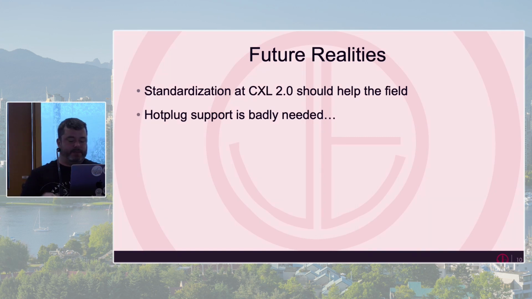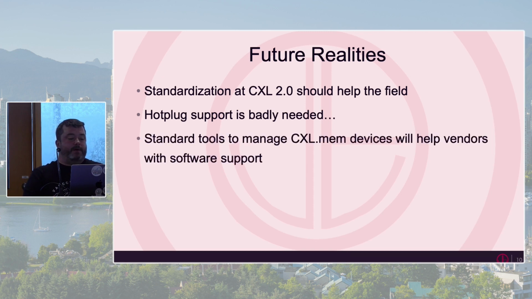I actually brought this up at the CXL micro conference at Plumbers last year, and everyone's like, what? How did we miss that? We've been screaming about it for like 3 years now in the consortium, but anyway, 2.0 is where that shows up. The standard tools that are out there, we can actually start using them on CXL 2.0 and CPUs that support it, which will be really, really nice.